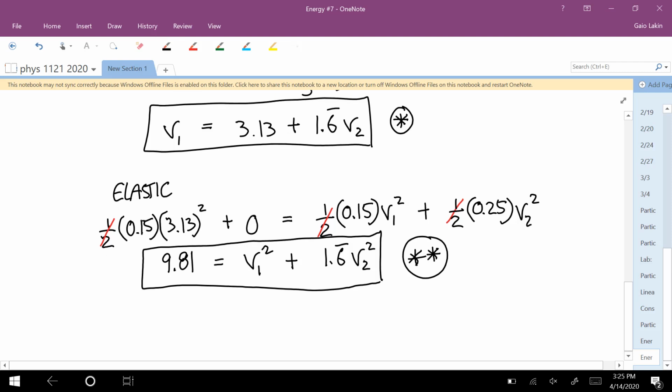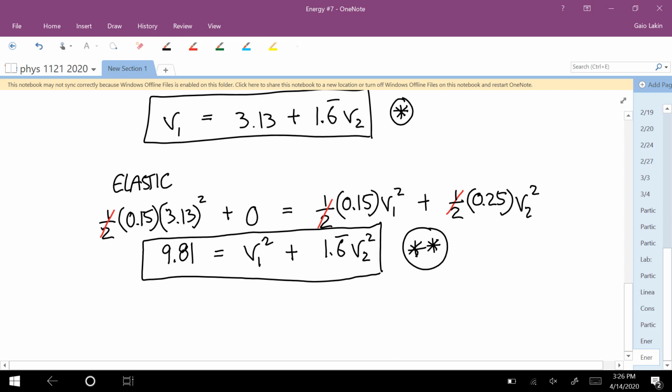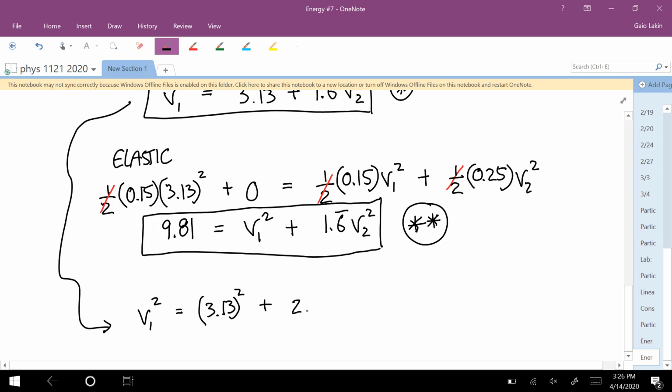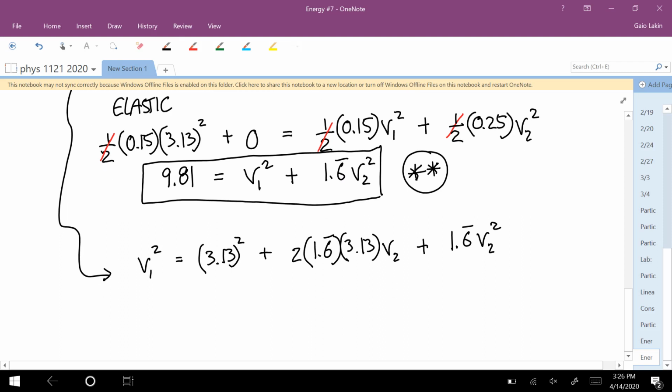Now we just have to solve this system of 1 star and 2 star. Take the simplest of the two equations, that's 1 star, substitute it into the more complicated one, and solve this system. From 1 star, you get v1 squared is equal to 3.13 squared plus 2 times 1.6 repeating times 3.13 v2 plus 1.6 repeating v2 squared.